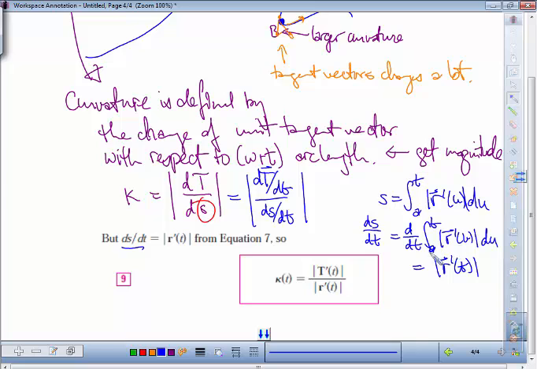So the fundamental theorem of calculus says if you have an integral from a to t, and you're taking the derivative of that with respect to t, it's just going to be whatever is inside the integrand evaluated at t. So that gives us a more functional formula to work with so that we can actually find the curvature at certain places. Okay? So this gives the curvature at a particular value.